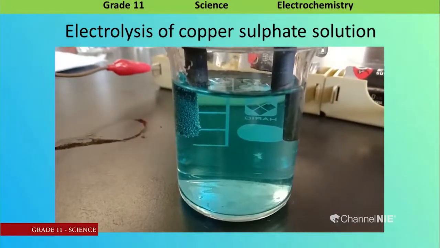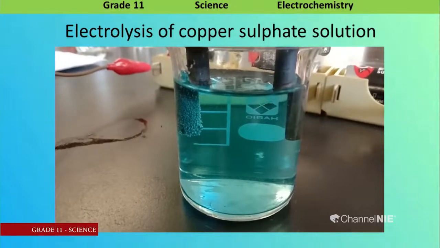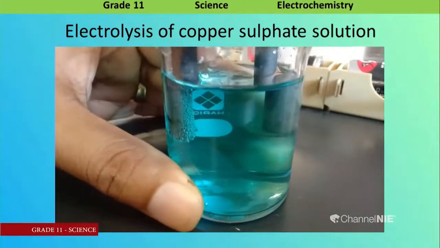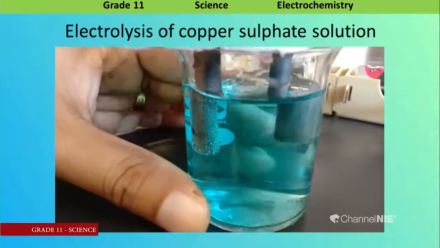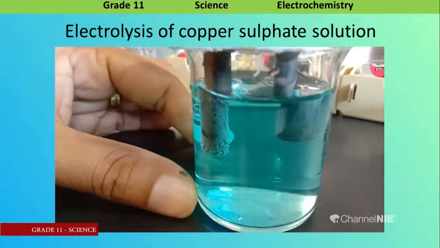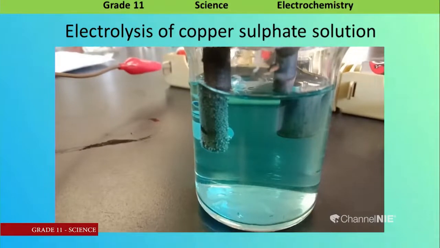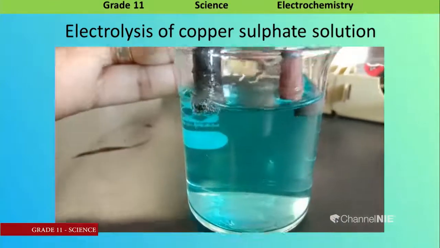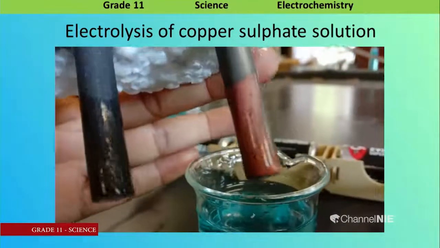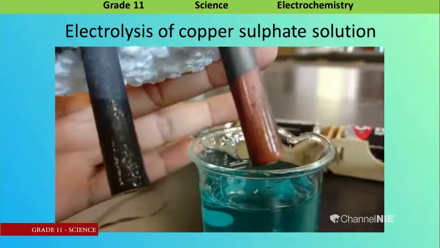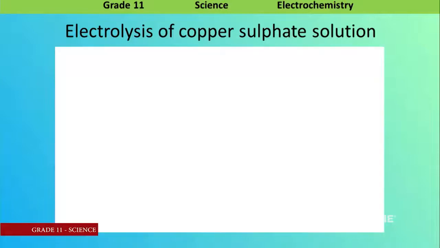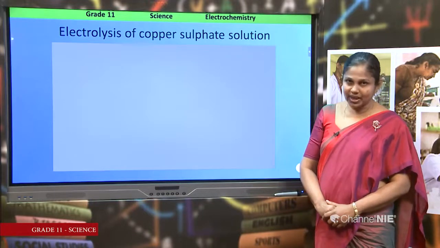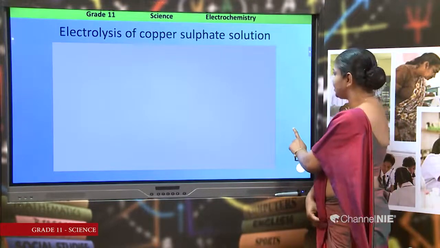So, while these reactions are taking place, copper ions in the solution are attracted to the cathode and get plated there by turning into copper metal. Okay, children. Now finally you can see how copper metal has plated around the carbon rod. This is what we call electroplating, children.